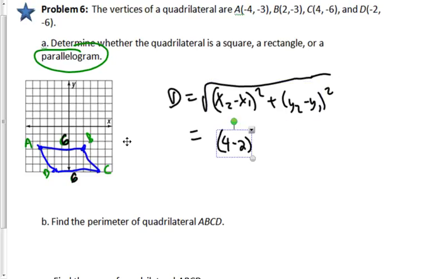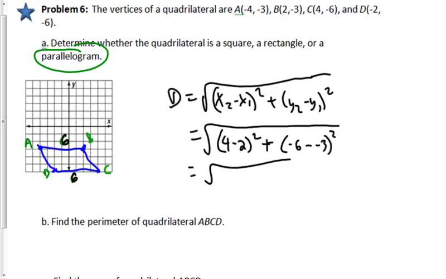We got all kinds of things going on here. All right, plus y2 minus y1, so negative 6 minus negative 3, or plus 3, squared, and all that's the square root.